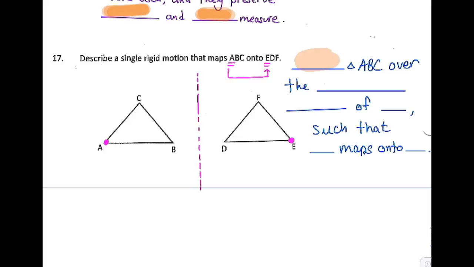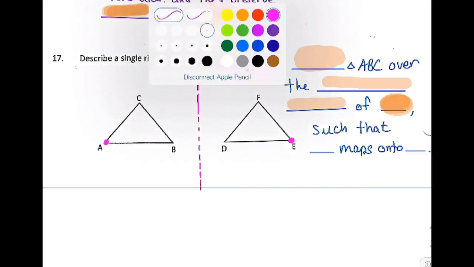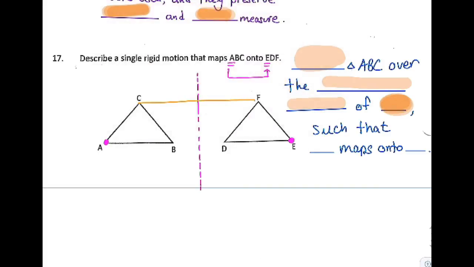So we are going to reflect triangle ABC over the perpendicular bisector of, you can either say BD, or you could say AE, or you could say CF, because they all have the same perpendicular bisector right here. So you reflect over that perpendicular bisector such that you could say C maps onto F.